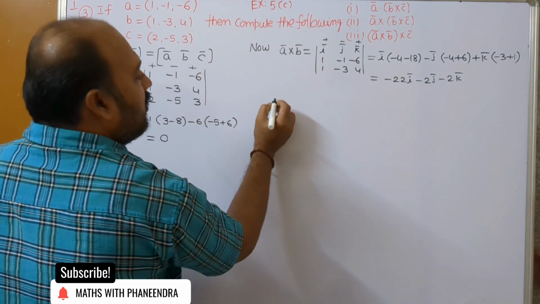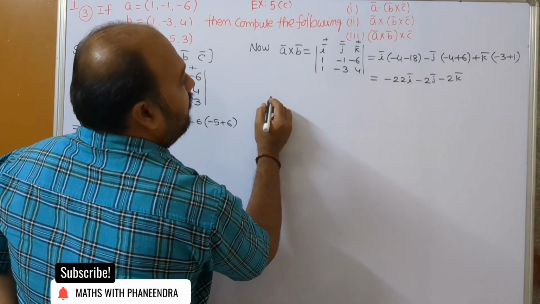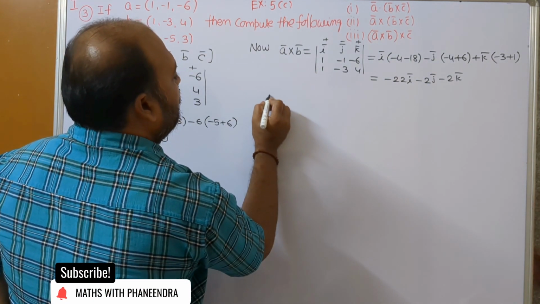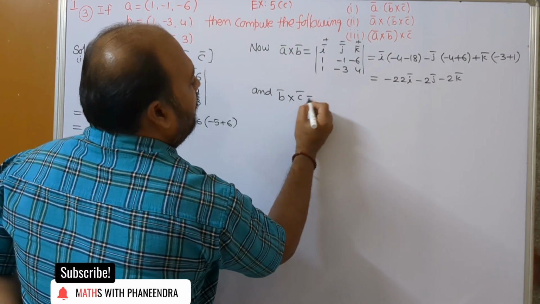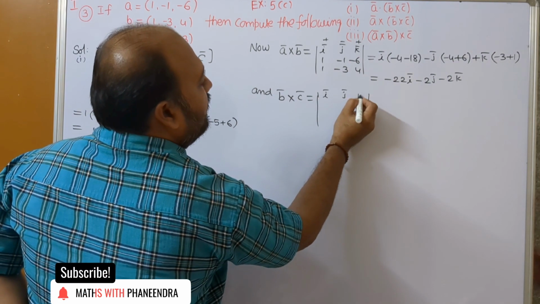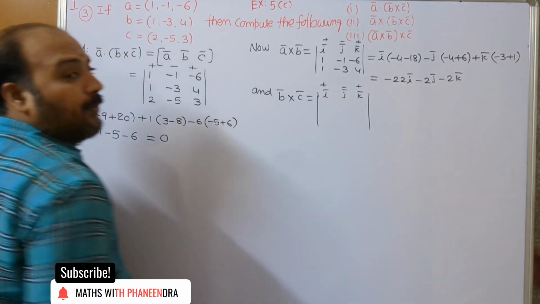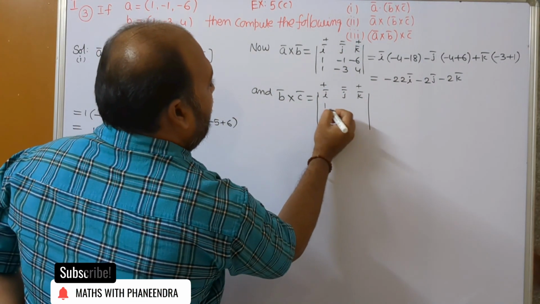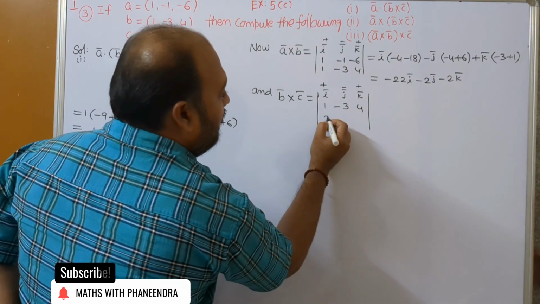Similarly, B bar cross C bar also we will do. So in that, I, J, K. B and C: what is B? 1, minus 3, 4. C is 2, minus 5, 3.